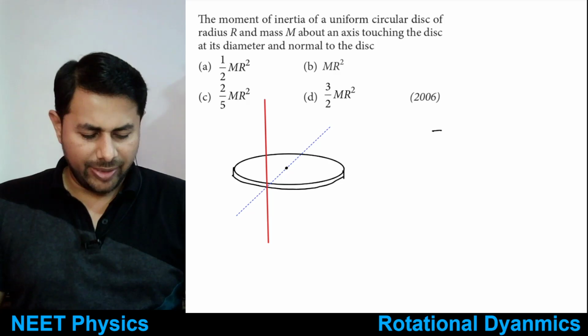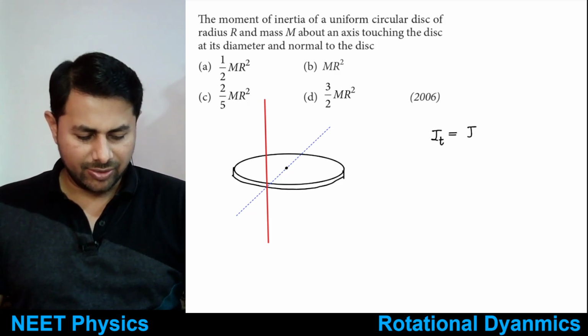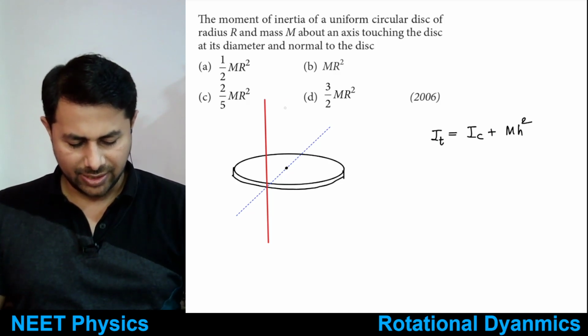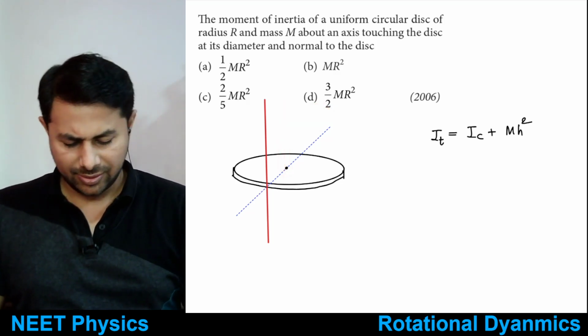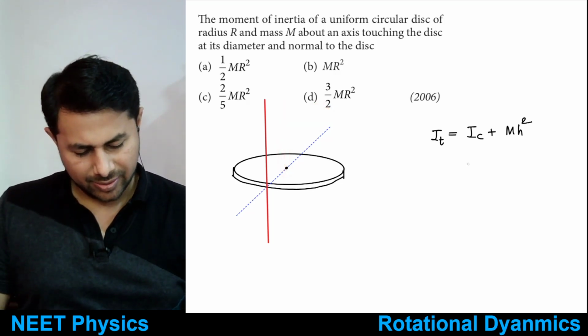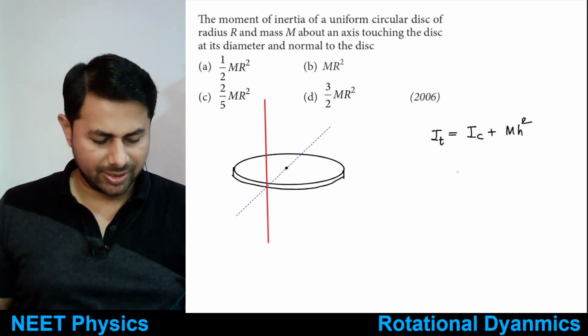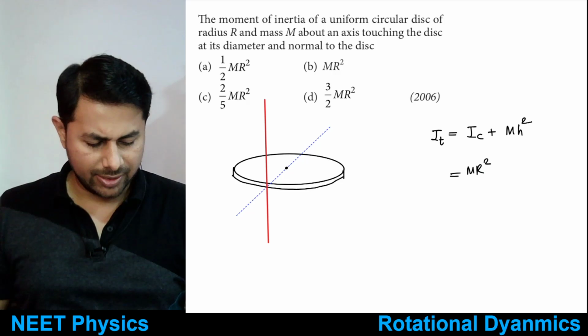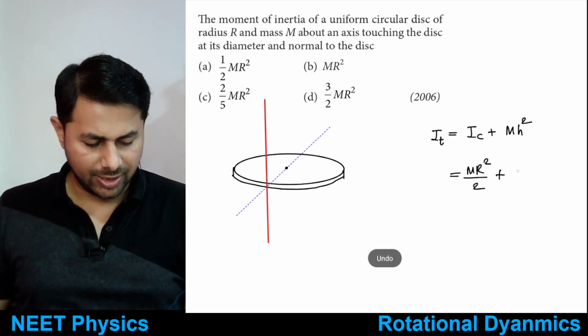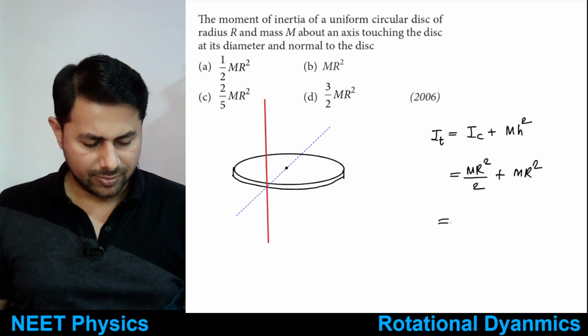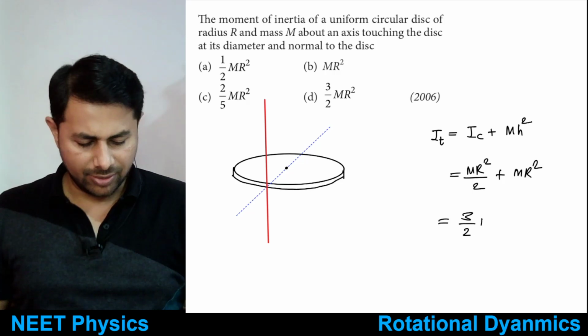So what would be I_T? I_T is just equal to I_C plus mh square, right? And what is I_C? I_C is mr square. No, for the disk it will be mr square divided by 2, plus mr square. So it's 3 by 2 mr square.